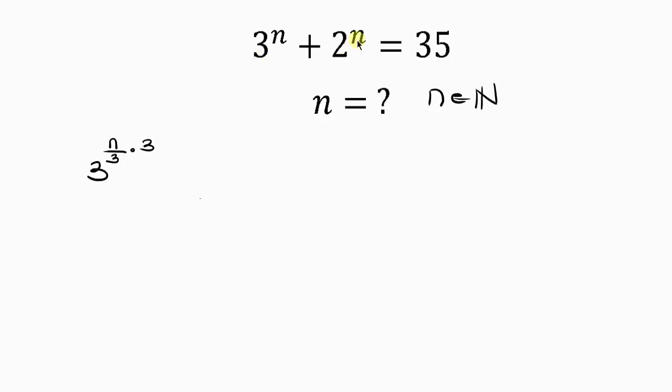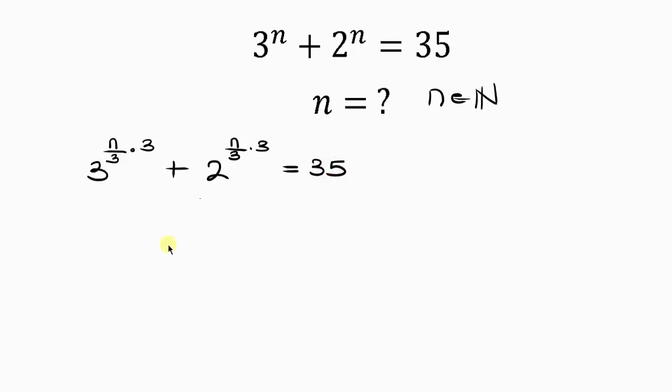We're going to be doing the same thing to this 2 to the n. So we have plus 2 to the n, which is the same as 2 to the n over 3 times 3. Very good. Equal to 35.